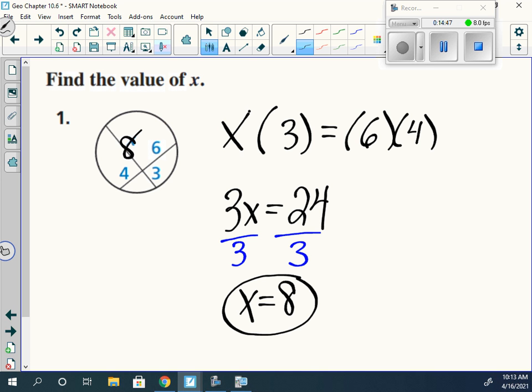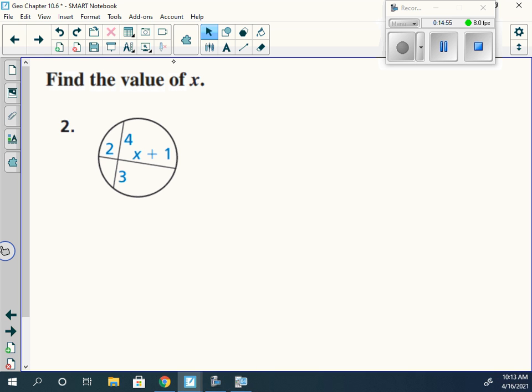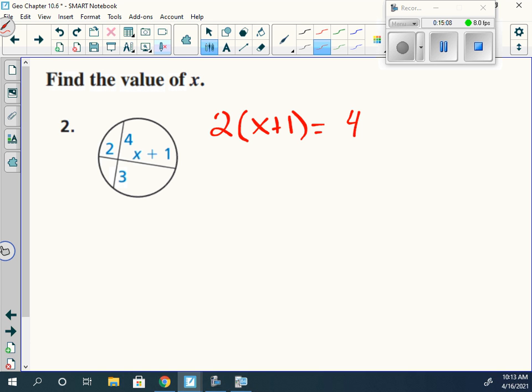Any questions on any of this here? Find the value of x. What can we do first? Okay.